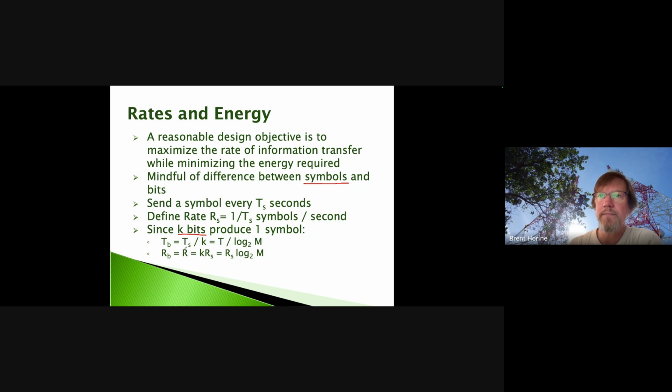Since we're dealing with fundamentally moving bits of information, sometimes we'll just use R, but more completely that would be R sub B for the bit rate, and that would be K times the symbol rate. So if our symbol rate is 1 megahertz and K is equal to 2, then our bit rate would be 2 megabits per second, right?